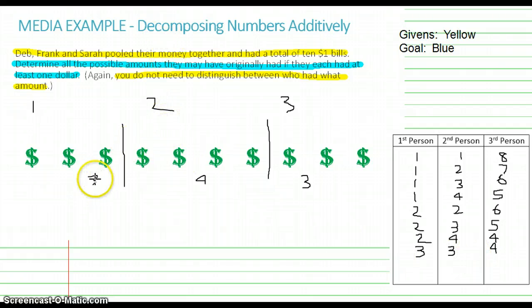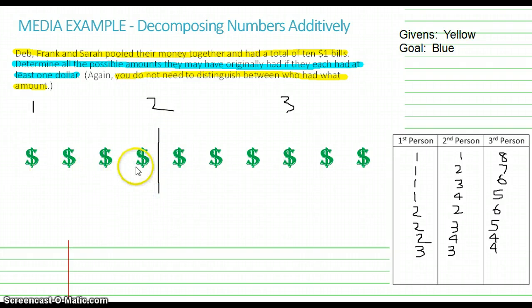Let's see if there's any with 4s to make sure that we haven't skipped any. So 1, 2, 3, 4, or any left with 4s. 4 for the first person. We'd need 4 for the second person. This would be the second person's. And this would give 2 for the third person.